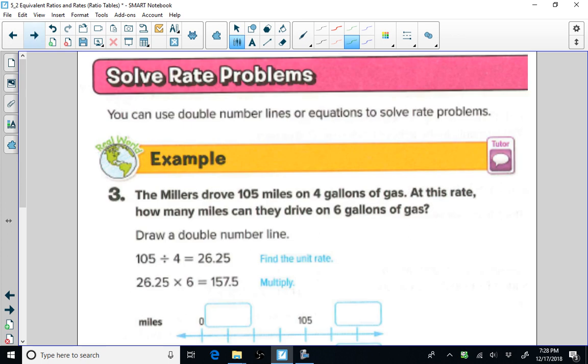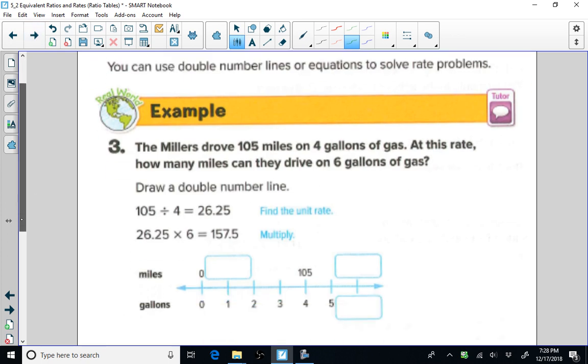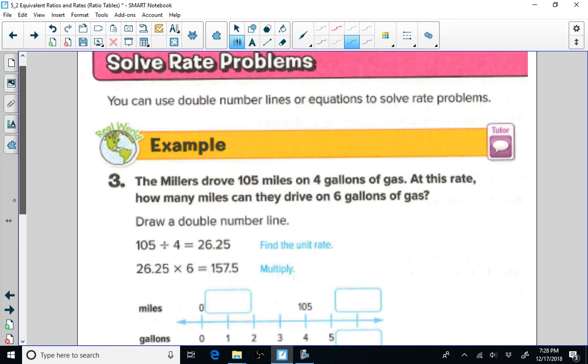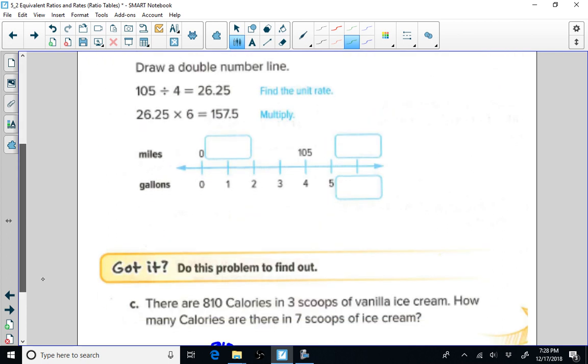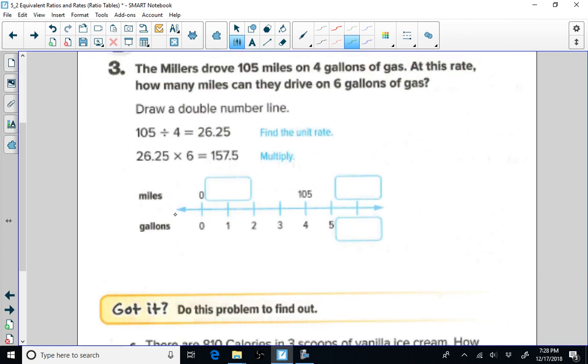Let's continue. We have some problems where we're going to use some double number lines. The Millers drove 105 miles on 4 gallons of gas. At this rate, how many miles can they drive on 6 gallons of gas? Well, first we set up this double number line, which looks like this, and we have units on the top and the bottom.